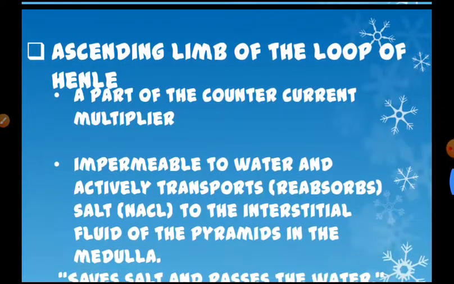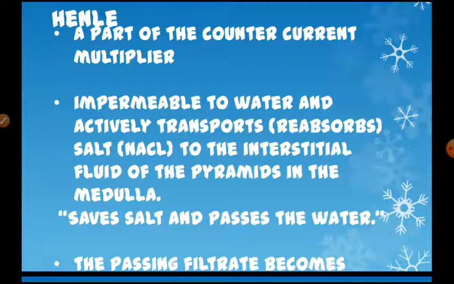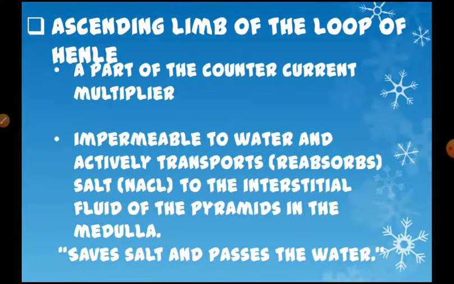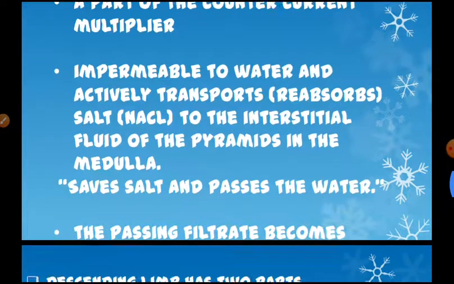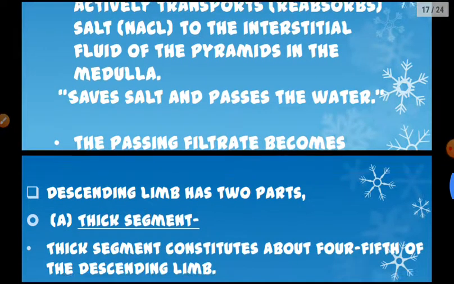This ascending limb has two parts, thin walled and thick walled parts. And what are the main functions of this ascending limb? This is the part impermeable to water and actively transports or reabsorbs salt into the interstitial fluid of the pyramids in the medulla. It saves salts and passes the water.